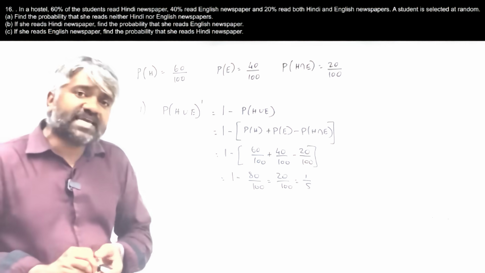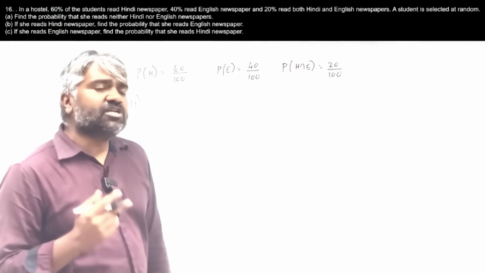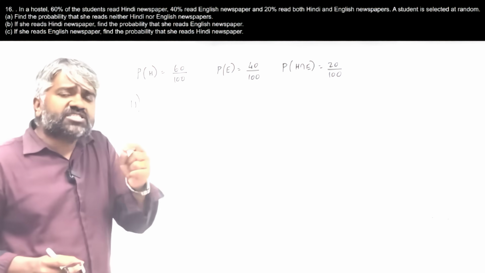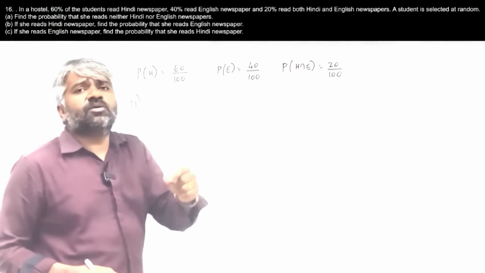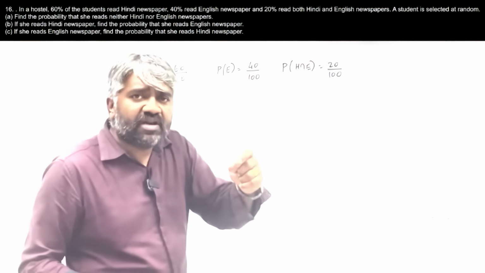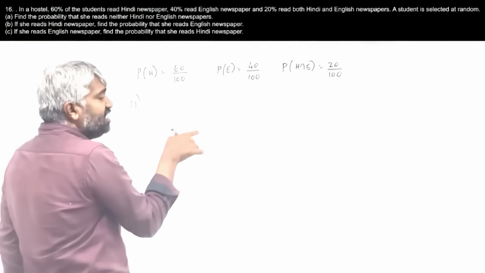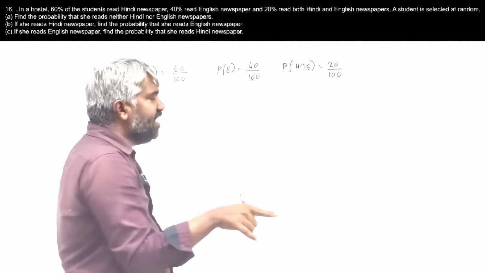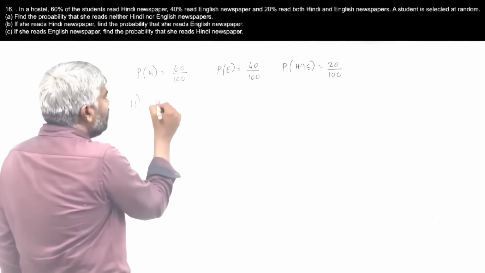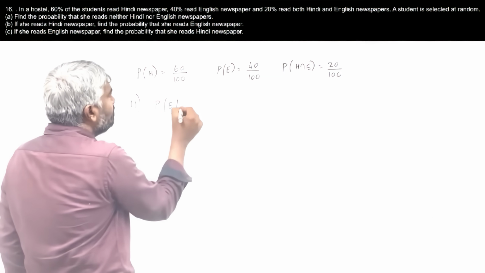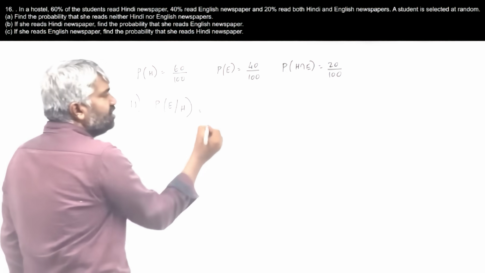Now we can move to the second subdivision. This is conditional probability, right? If she reads Hindi newspaper, what is the probability that the student will read English newspaper also? So the condition is definitely she is reading Hindi newspaper. So P of E given H, right?